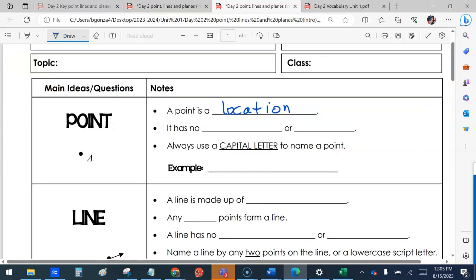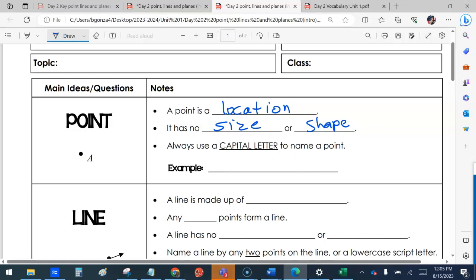Those are locations. Those are points. Now, I know you can see a point on a piece of paper if you put a little dot, but technically a point has no size and it has no shape. Cool. So it's a location with no size and no shape.